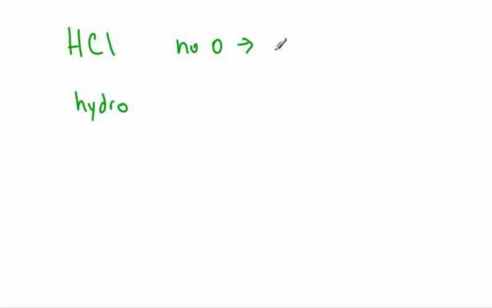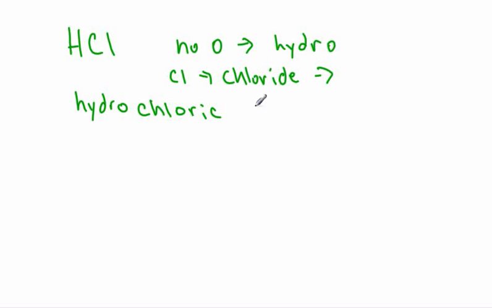No oxygen means we have to use hydro. Next, we just name the anion and then put an ic ending and take off the ide ending. So this is Cl, which was chloride, and now we're going to name it chloric. So, hydrochloric acid.